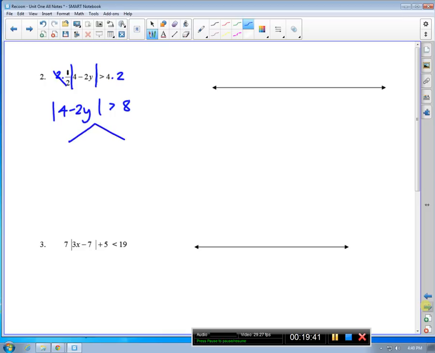I'm going to split it into two inequalities. 4 minus 2y is greater than 8. Keep it the same without the bars. Then on this side, we're going to flip and negate. So 4 minus 2y, flip your inequality, negate your number, or whatever is on the right-hand side.